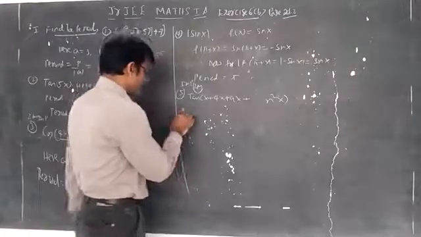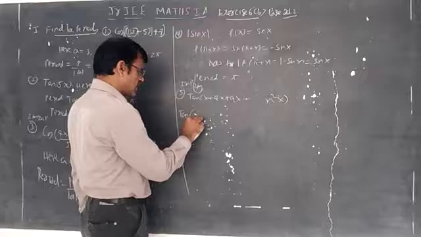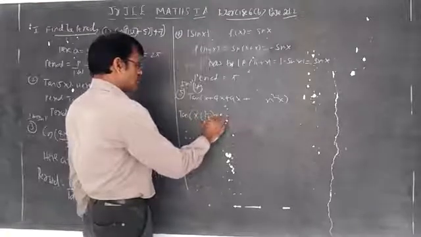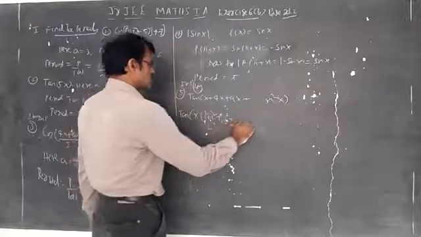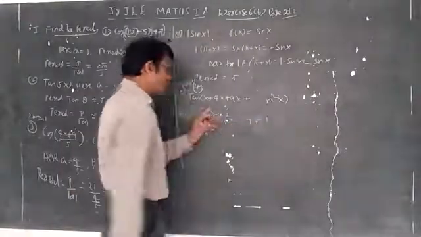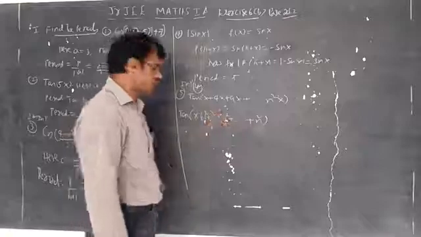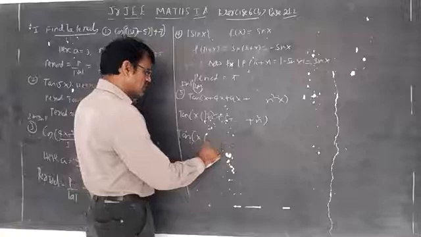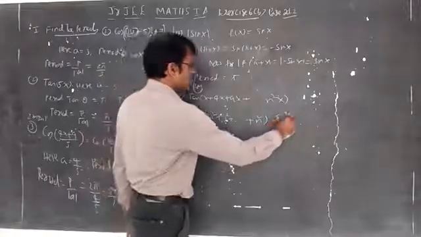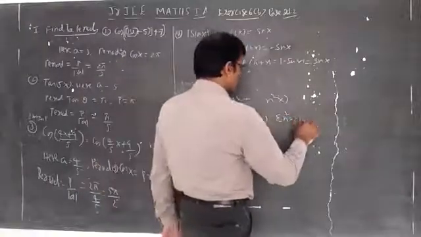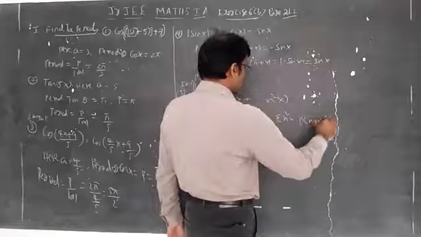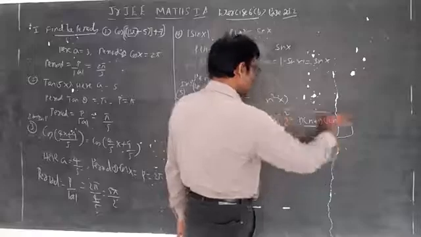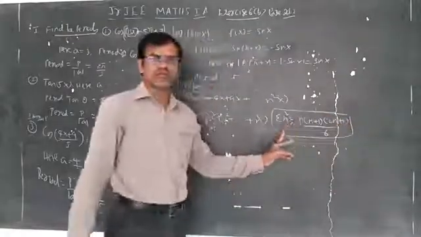Now take x common in tan, it becomes 1 square plus 2 square plus 3 square plus so on n square. That is equal to tan of x into, in 10th class you have learnt, I think, the formula sigma n square is equal to n into n plus 1 into 2n plus 1 by 6. This is the summation of square numbers.